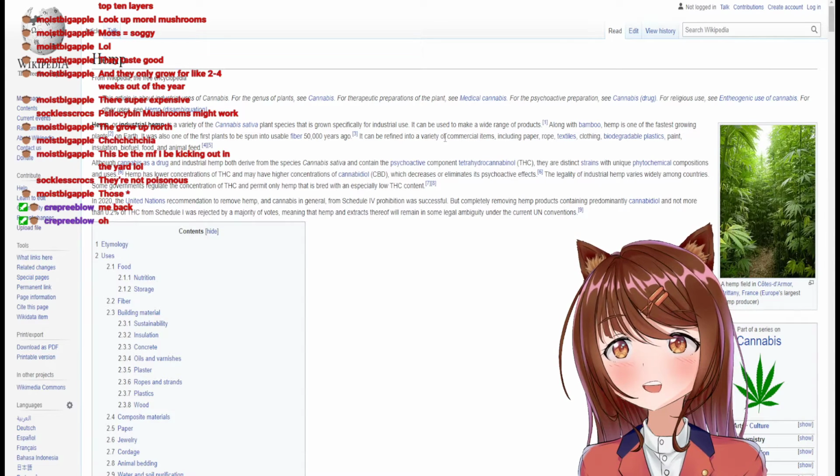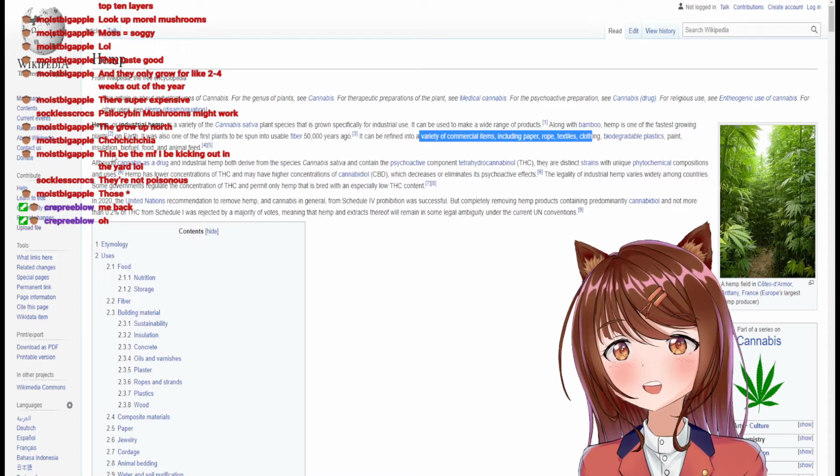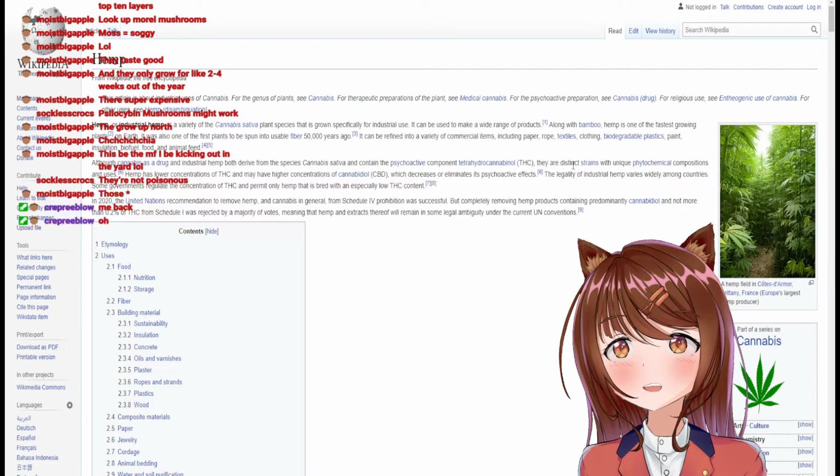Oh yeah, see over here it says a variety of commercial items including paper, rope, textiles, clothing, biodegradable plastics, paint, insulation, biofuel, food, and animal feed. Yeah, although cannabis as a drug and industrial hemp both derive from the species of just hemp and contain the psychoactive component THC, they are distinct strains with unique phytochemical compositions and uses.